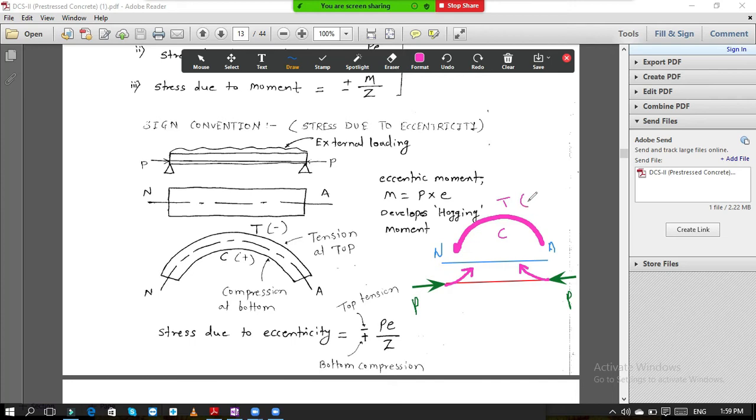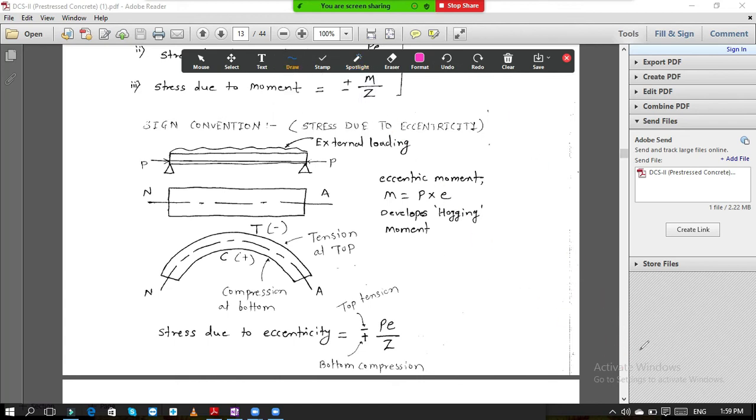So at top it is minus, at bottom it is plus. This is what is explained over here: it develops hogging bending moment. Tension is at top, compression is at bottom, compression plus, tension minus. So stress due to eccentricity is equal to minus plus P by Z. Minus at top where tension is there, plus sign at bottom for compression. This is how it is explained over here.